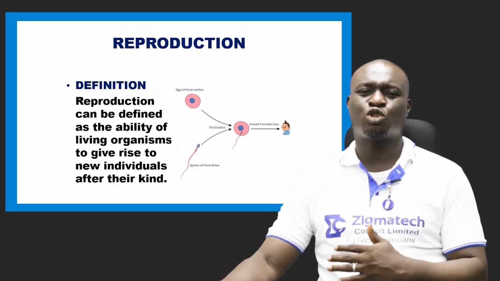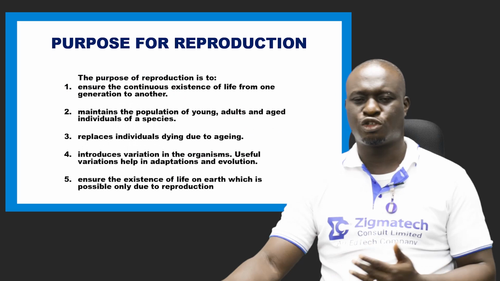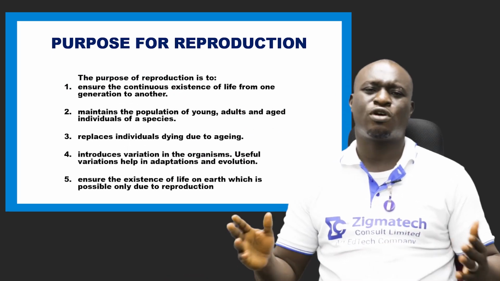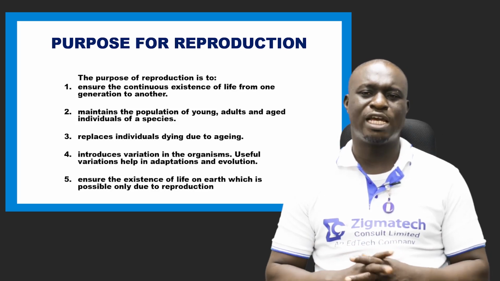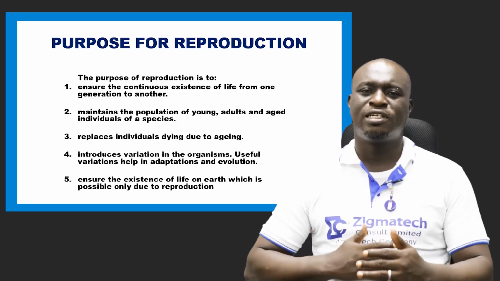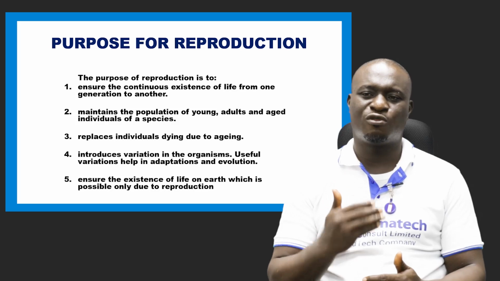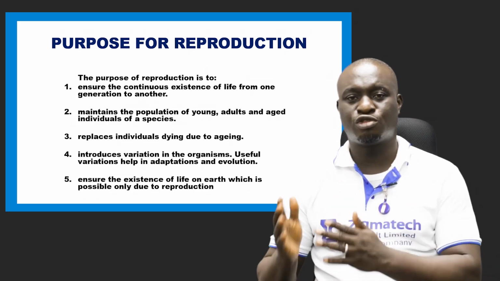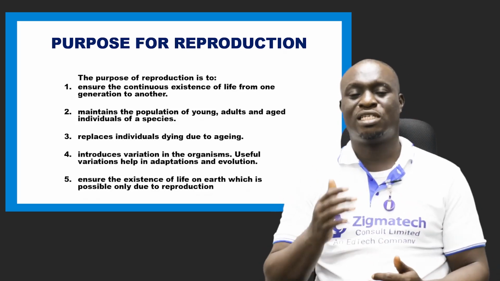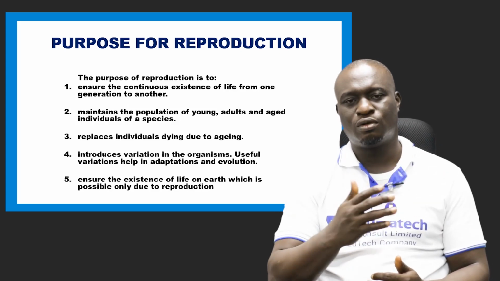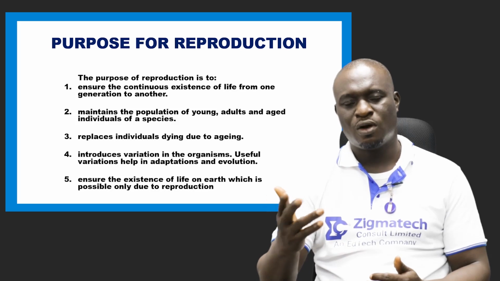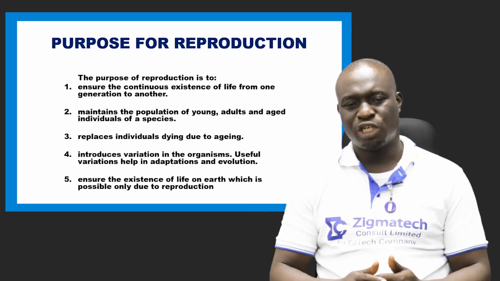Now, what is actually the purpose for reproduction? Reproduction has several purposes. One of the purposes for reproduction is to ensure the continuous existence of life from one generation to another. Imagine if your forefathers didn't give birth to the next generation.